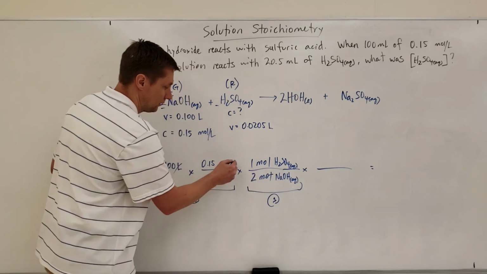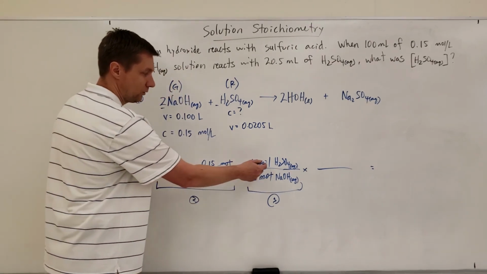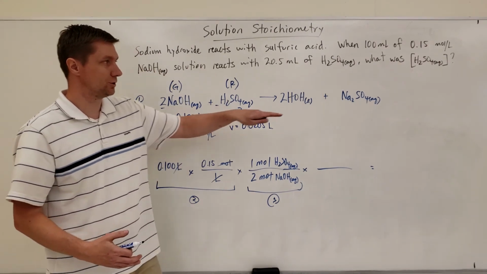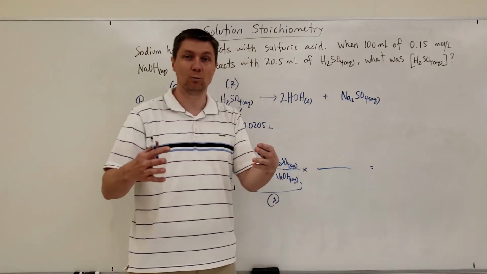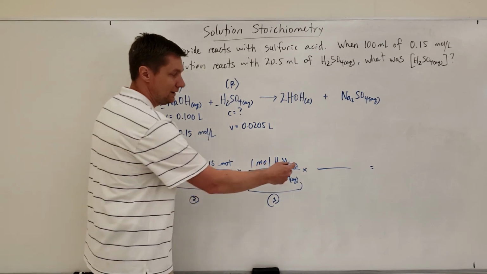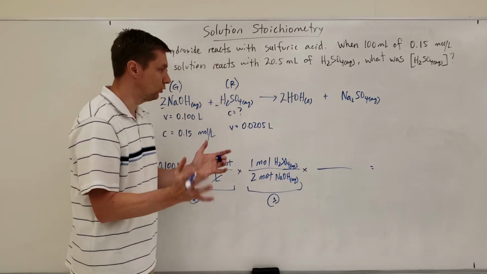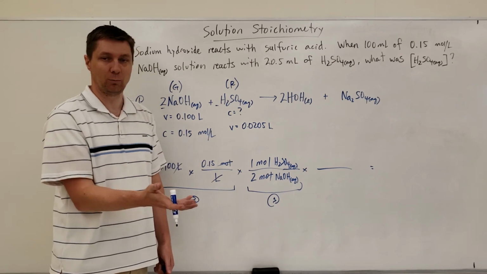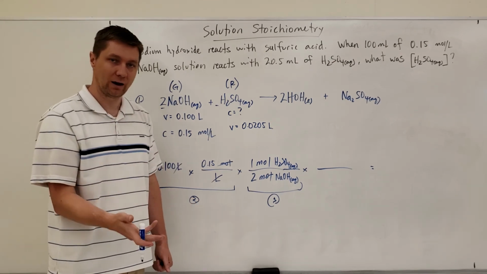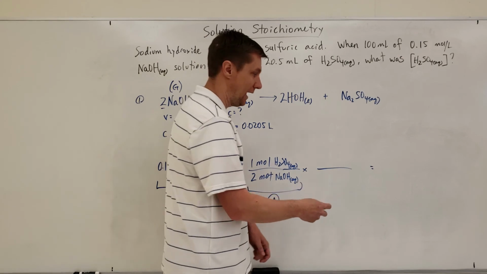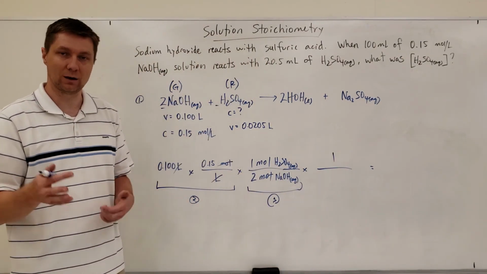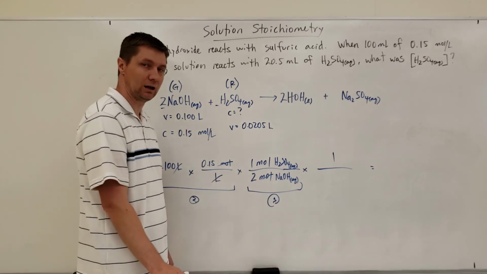So you can see the moles here cancel, and so I'm left with moles on the top. Now the question is asking for concentration in moles per liter. So I already have moles on the top, and the only number I have left is liters. So I have moles, I just need to go per liter by dividing by the liters, and that will give me my answer. So I don't want to add anything else on the top, so I'm just going to put a 1 on the top so it doesn't change the answer that I'm getting here.